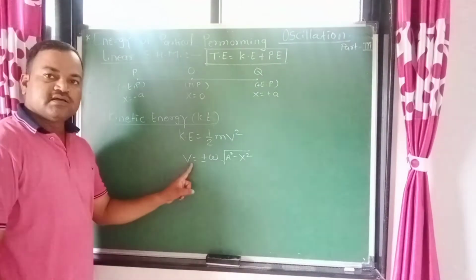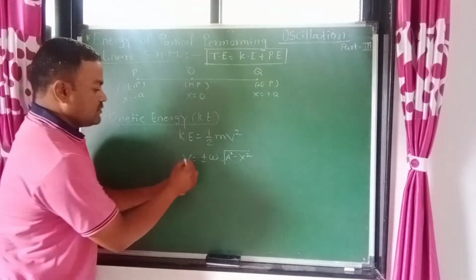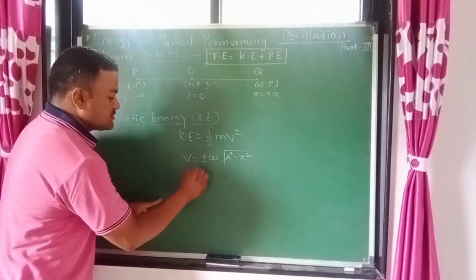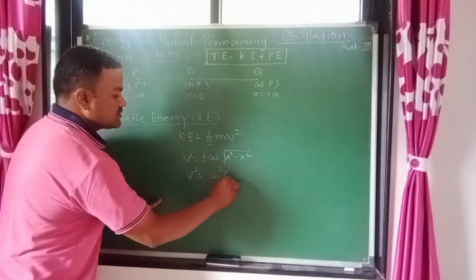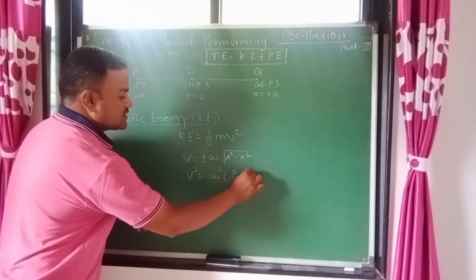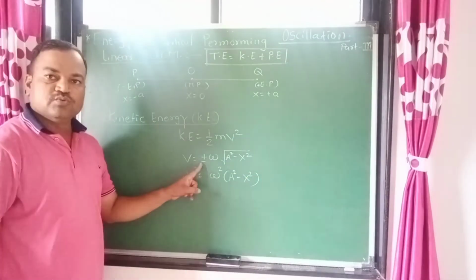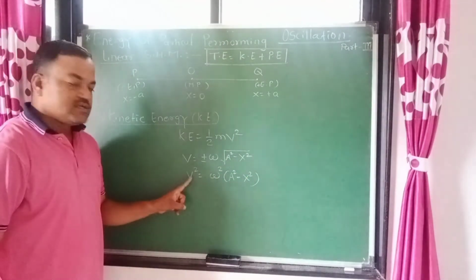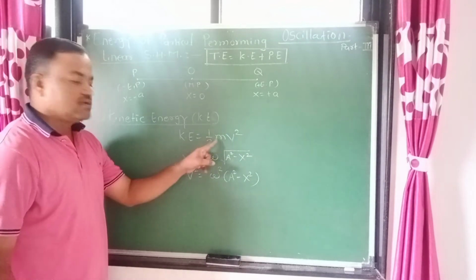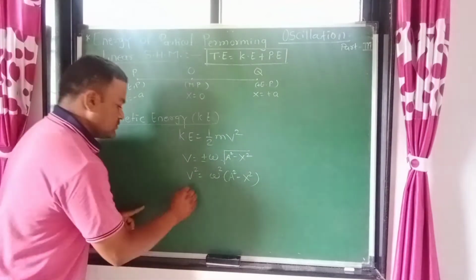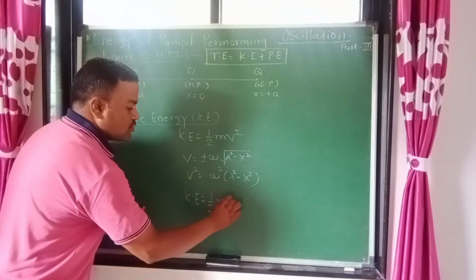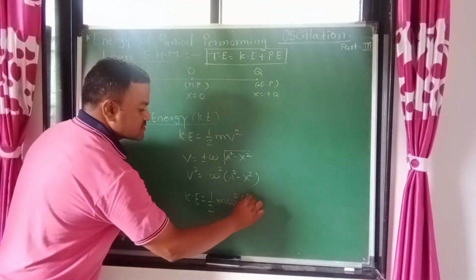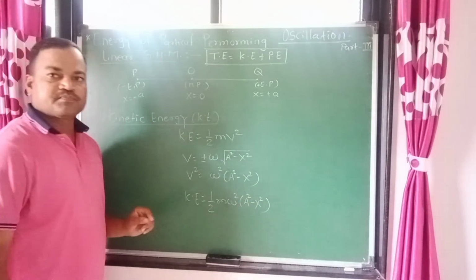By squaring the formula, v² is equal to ω²(a² minus x²), and using the value of v² in this equation, the formula for kinetic energy is 1/2 m ω²(a² minus x²).